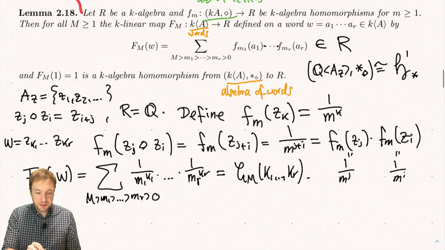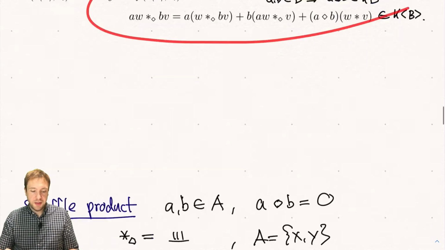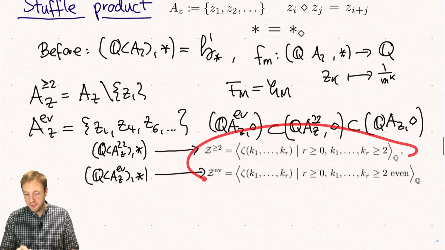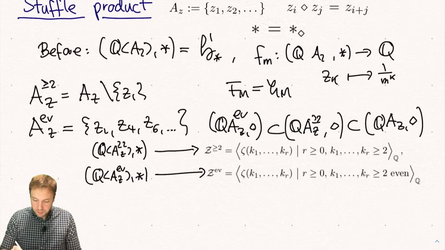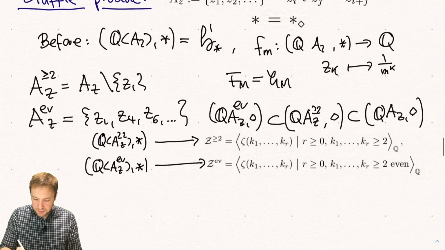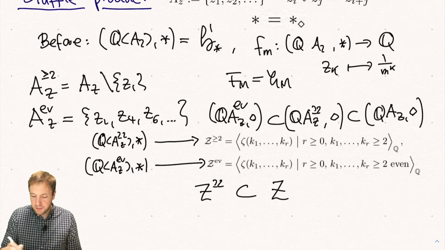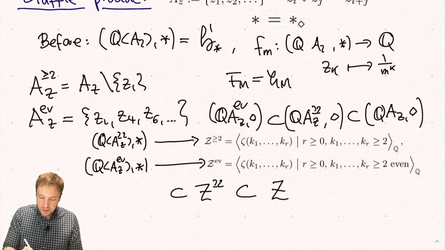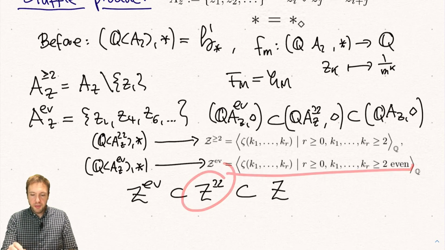So in particular, these spaces are closed under multiplication, which follows from this proposition we did before, from this lemma here. So from this lemma, together with this statement here, we get that these two spaces are subalgebras of the space of multiple zeta values. So we see that Z greater or equal to 2 is a subalgebra of the space of multiple zeta values, and here we also have the space of these even multiple zeta values, which is a subalgebra of this.